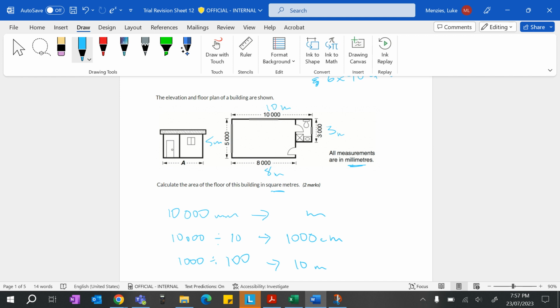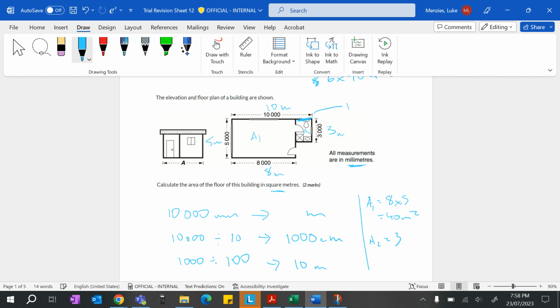Calculate the area of the building. So what we're going to do is break this up a little bit. I'm going to say A1 and A2. A1 is equal to 8 times 5, which is 40 meters squared. A2 is 3 times... now you want to know this distance here.